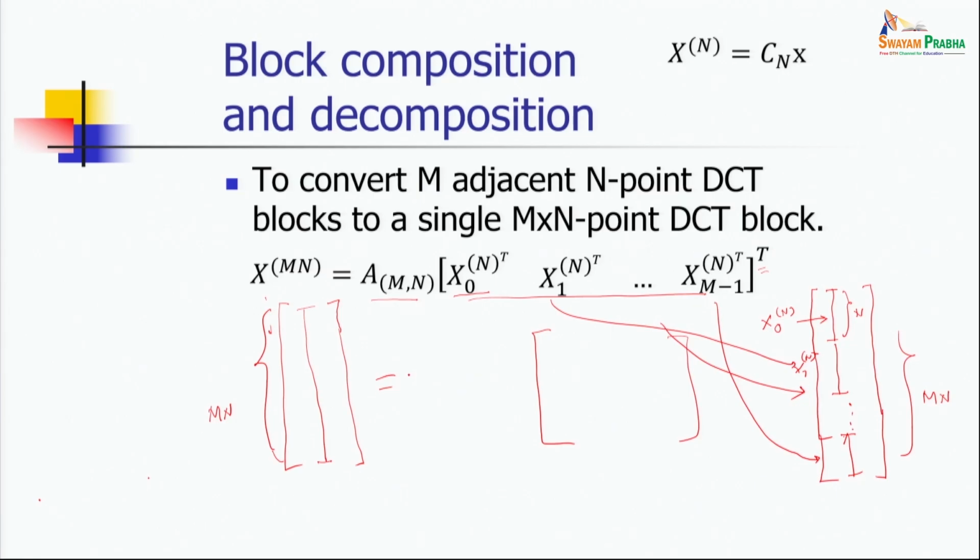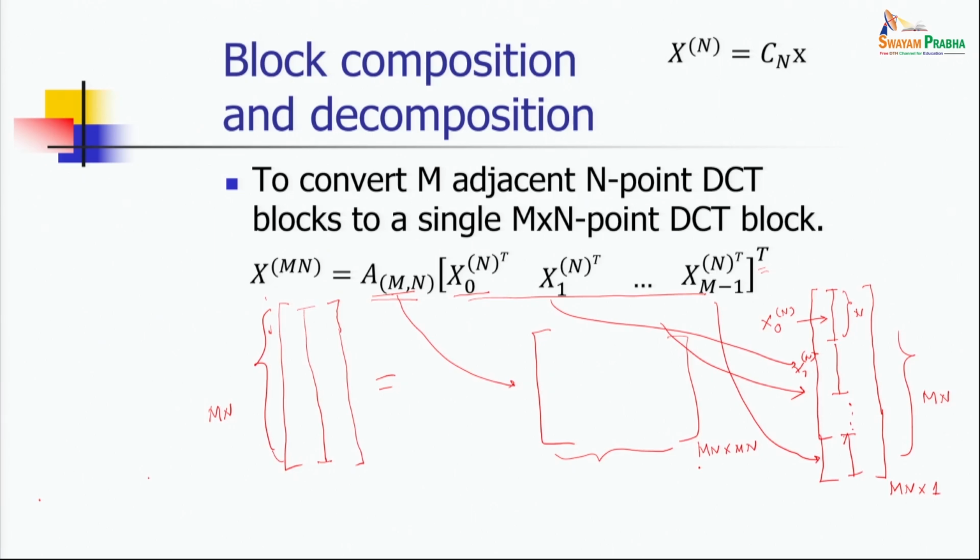So, you will be multiplying. This block is mn cross 1, only one column, and this is a column vector. So, this dimension would be mn cross mn, which means this is a square matrix of dimension mn cross mn. So, this composition matrix whose parameters are m and n will be of this dimension.